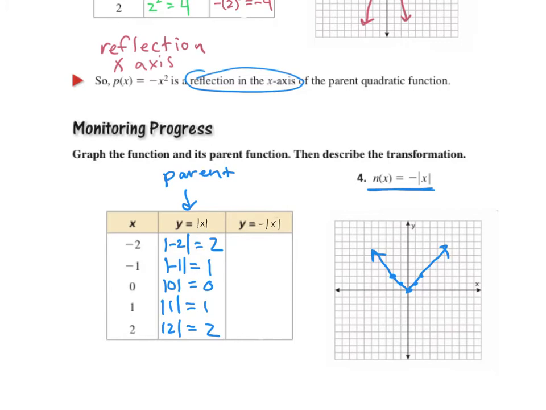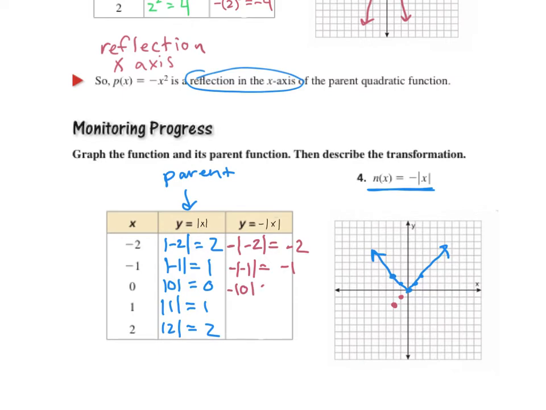Now we need to graph our function that it gives us. We have this negative absolute value of x. So the negative is on the outside, so we have negative absolute value of -2. What would this be? -2. So when x is -2, y is -2. What about the negative absolute value of -1? -1.